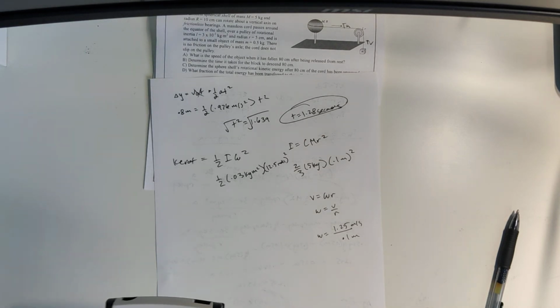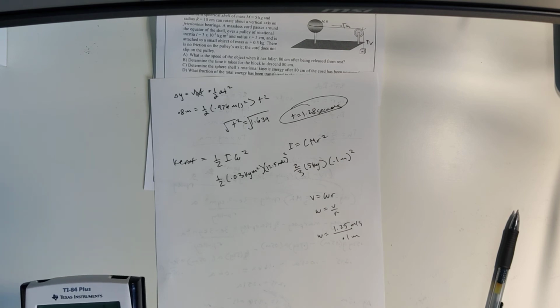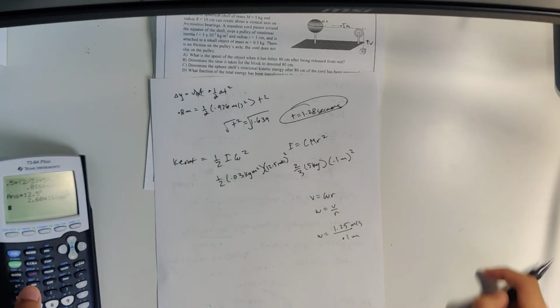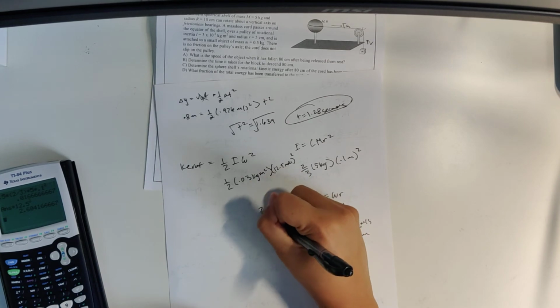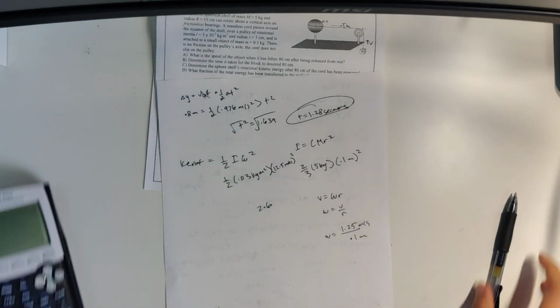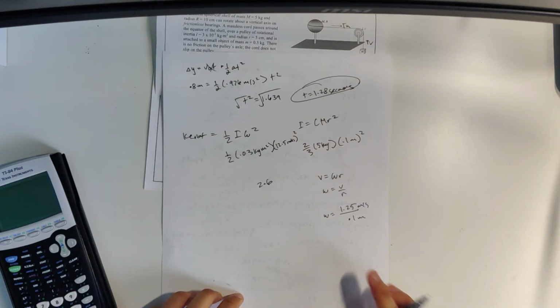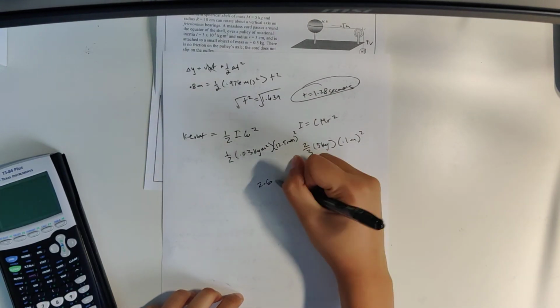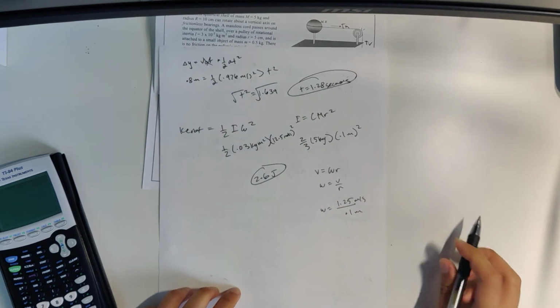And then for that, I multiply by 12.5 squared. Yeah, you get around 2.6. Yeah, it was just rounding error. So that is what I got. So that would be in joules.